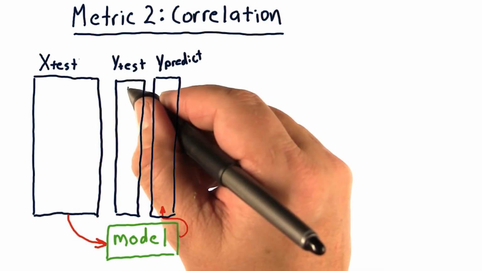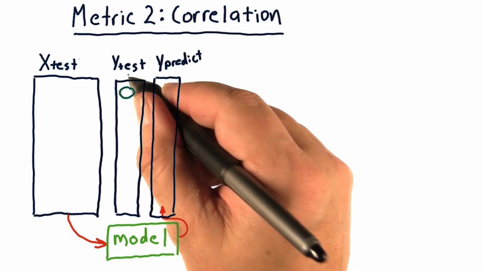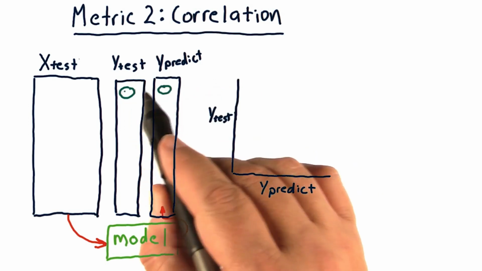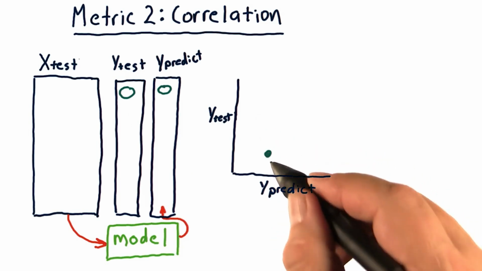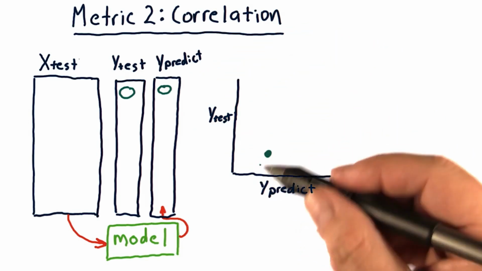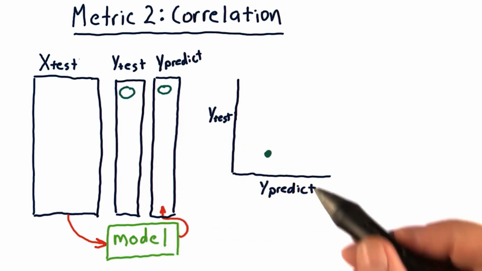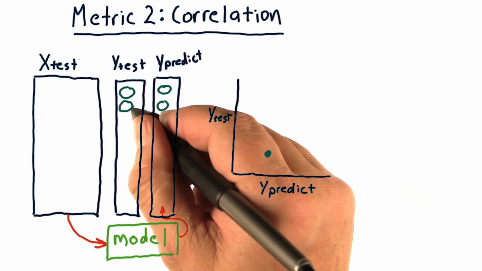We can now compare what we know to be the correct or true data in y test with what our prediction was. So this pair would appear somewhere on this chart, say here. Its value along the horizontal axis here is what the prediction was, and along the vertical axis is what the ground truth is. So we can plot these pairs all the way through our data.